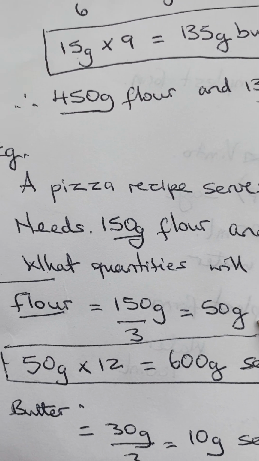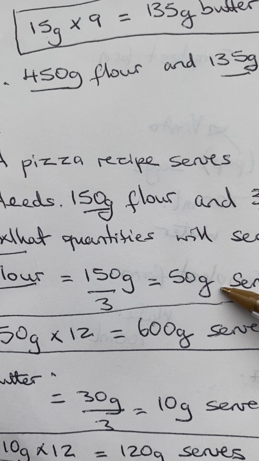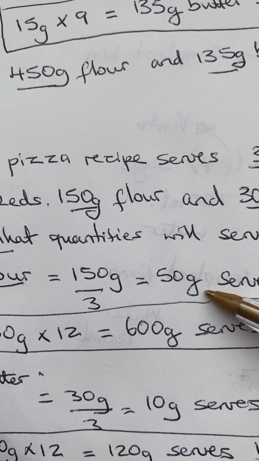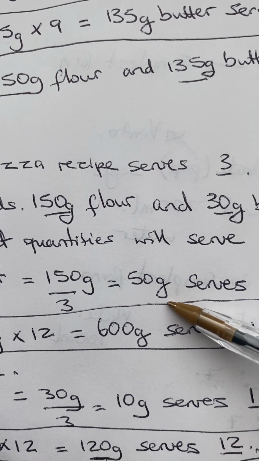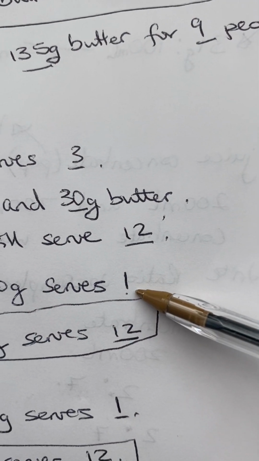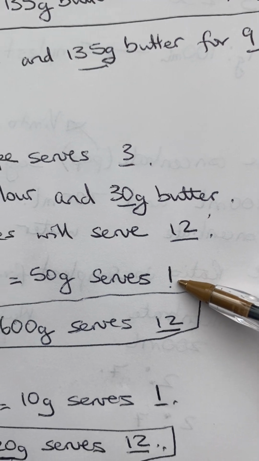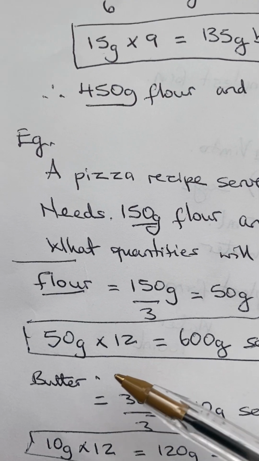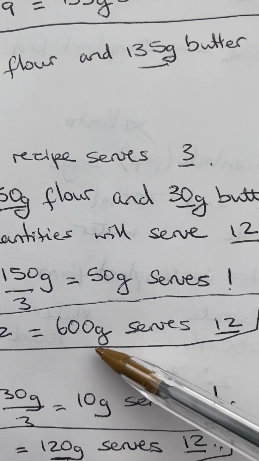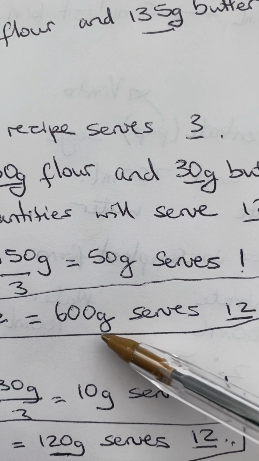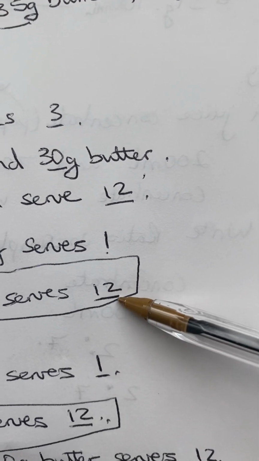And this 50 grams of flour serves 1. So now 50 grams times 12, which is 600 grams, will serve 12 people.